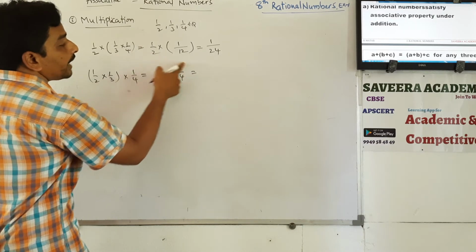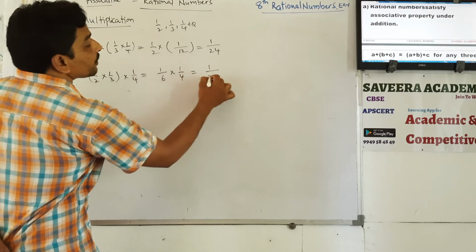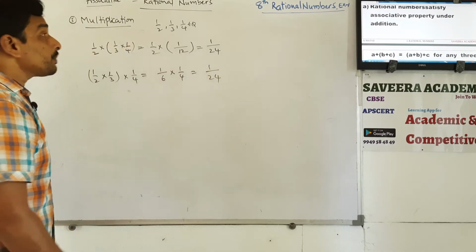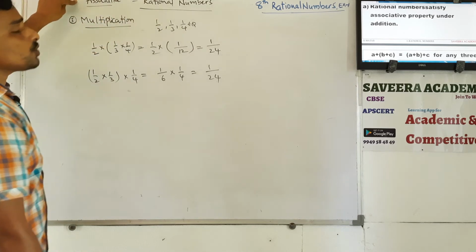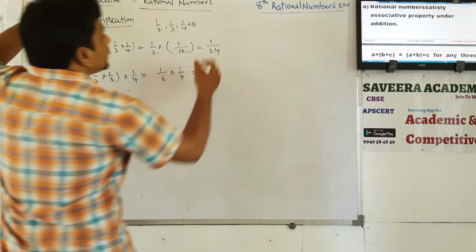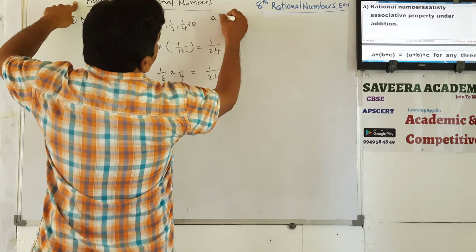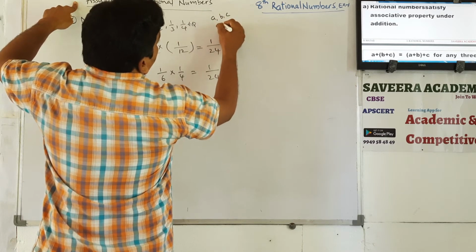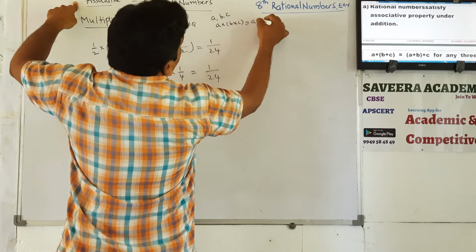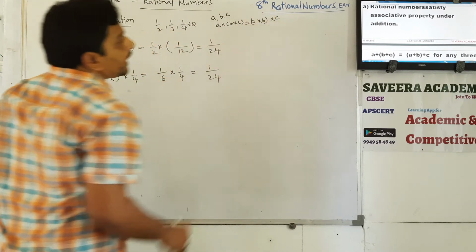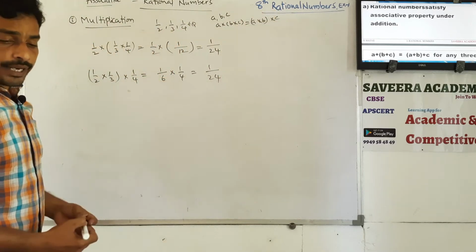Again 1 into 1 is 1, 6 4s are 24. Yes. So multiplication of rational numbers follows the associative property. In general, for any 3 rational numbers A, B, C, (A into B) into C is equal to A into (B into C).